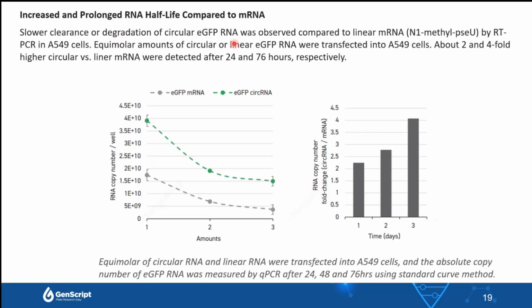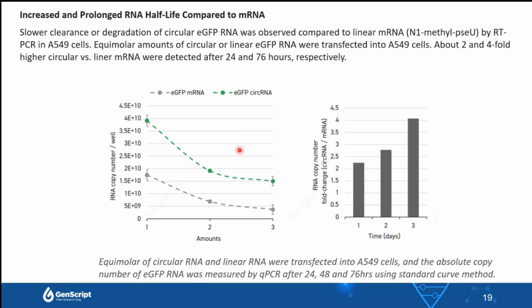And also, circular RNA shows increased and prolonged half-life compared to mRNA. We can take a look at these data. Slower clearance or degradation of circular EGFP RNA was observed compared to linear mRNA, and it's a modified version.